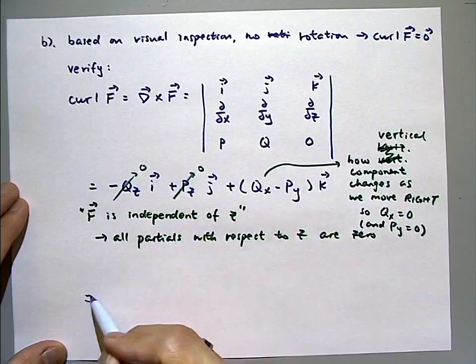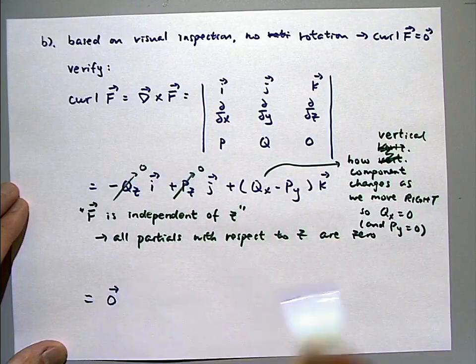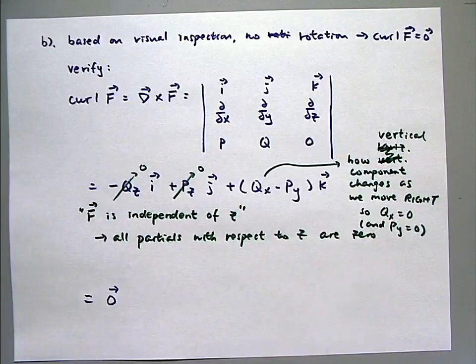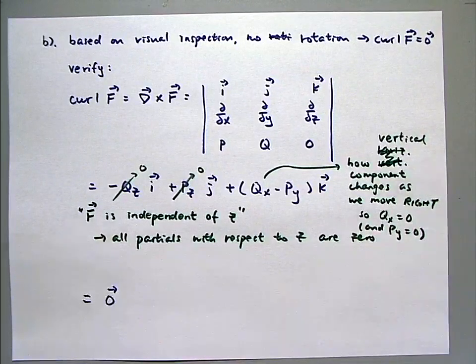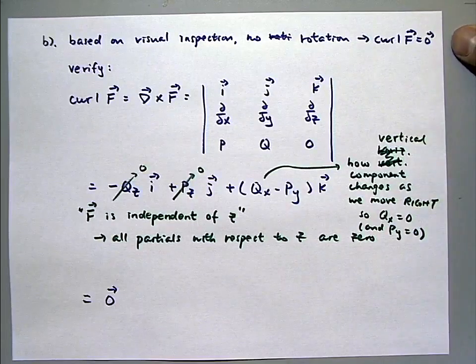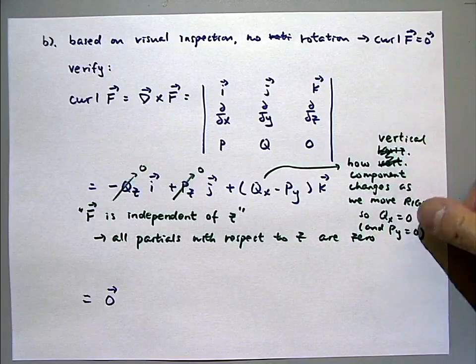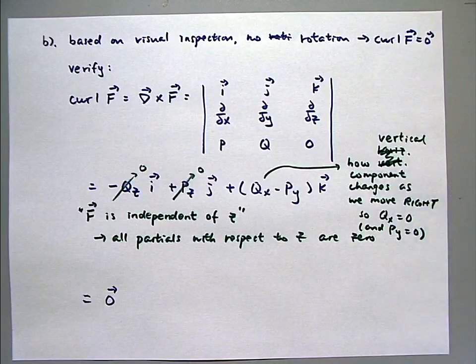So this turns out to be a 0. That agrees with our initial visual inspection. We're looking for some kind of rotation. We don't see that rotation. We see a moving away from a point, but we don't see a rotation. So we guessed that it would be a 0 curl, and it turns out to be what we expect it to be.